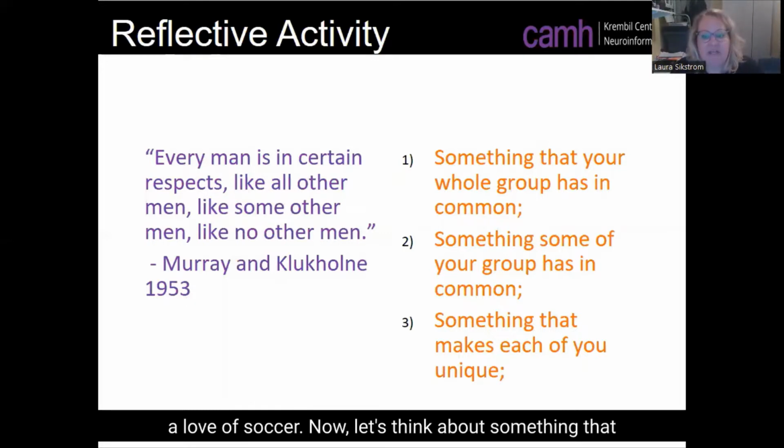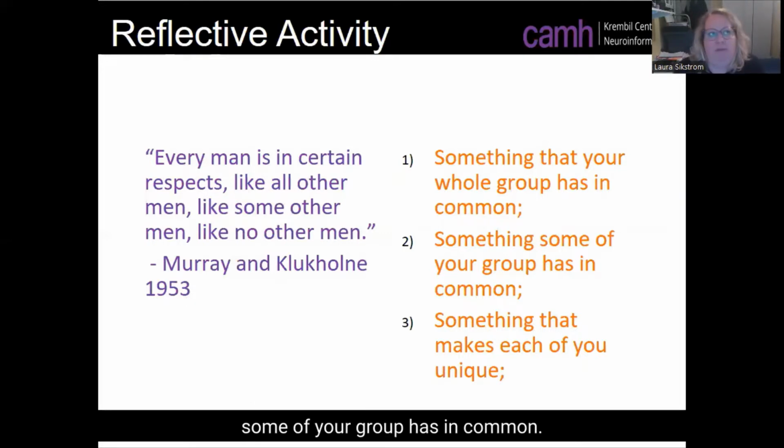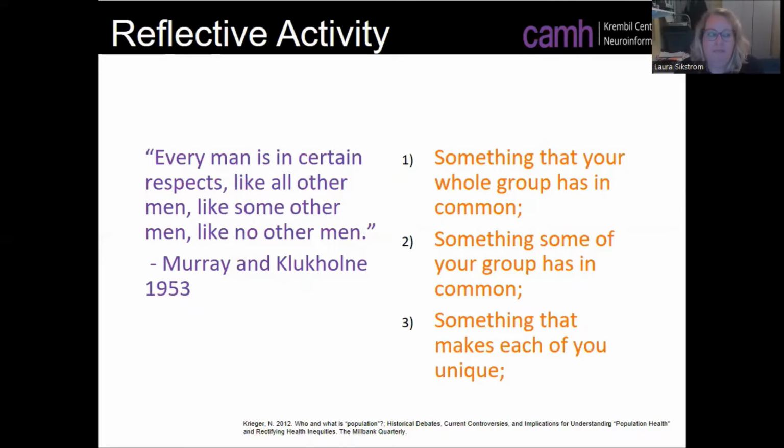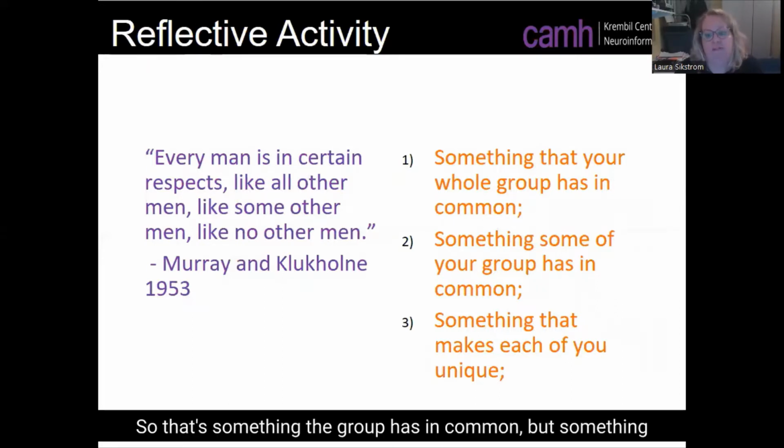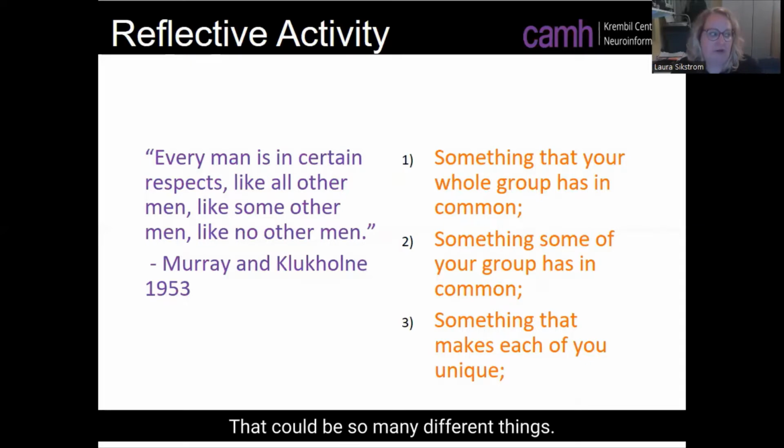Now let's think about something that some of your group has in common. Well, it would depend on the makeup of that group. But let's say some are boys or identify as boys, and some are individuals who identify as girls. So that's something the group has in common, but something that makes each of you unique could be so many different things.